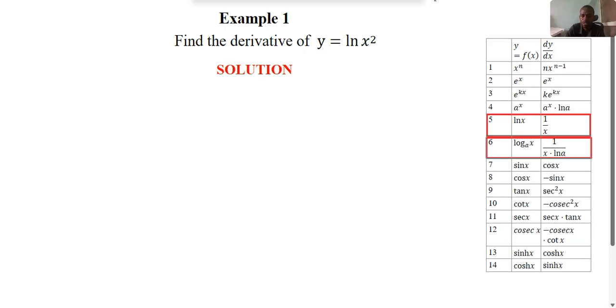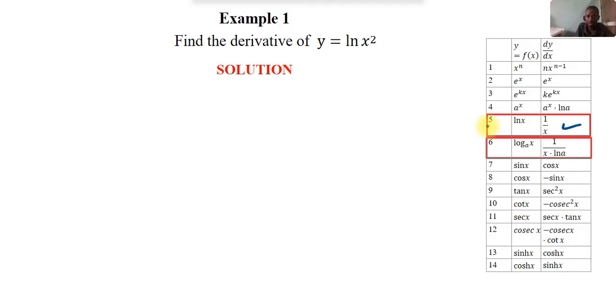The particular ones that I'm going to focus on are important to the questions at hand. If you look at the first question and the table at the same time, you will realize that item number 5 is the one that is suitable for use in this case.